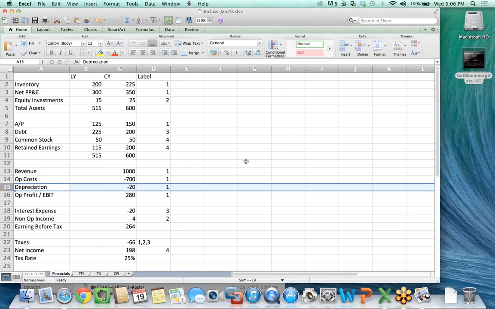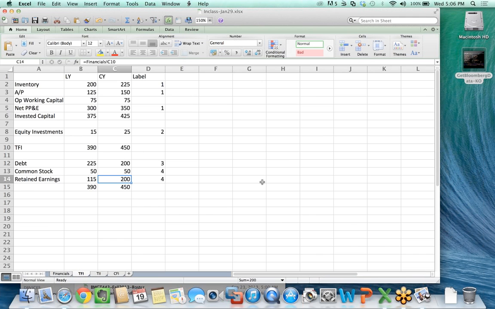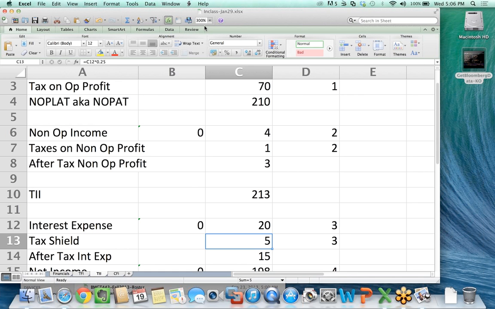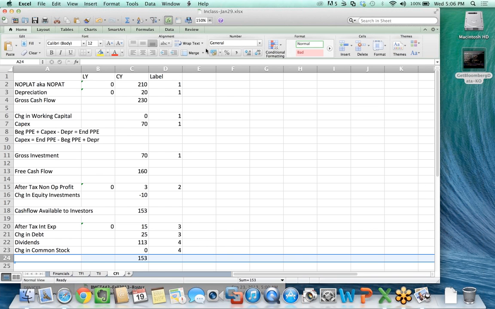In this case, we started with the balance sheet first, and the converted balance sheet became the TFI, and the converted income statement became the TII in the video. The cash flow statement was the statement of CFI, or cash flow available to investors, which represents the cash coming from the income statement minus the changes in investment on the balance sheet.